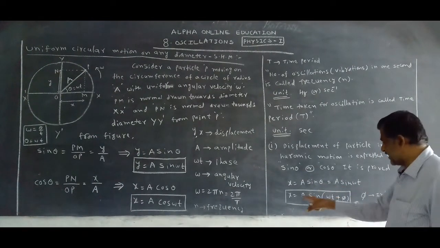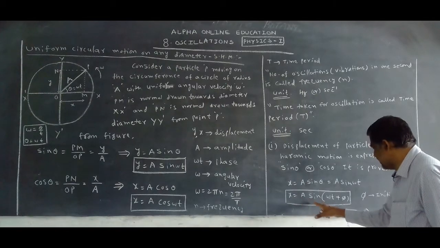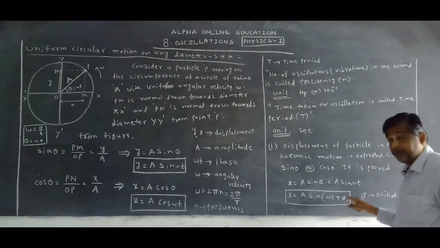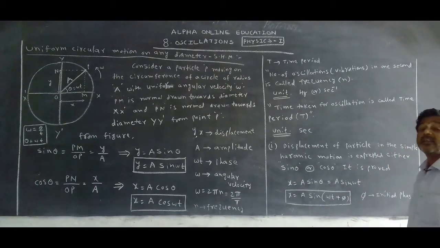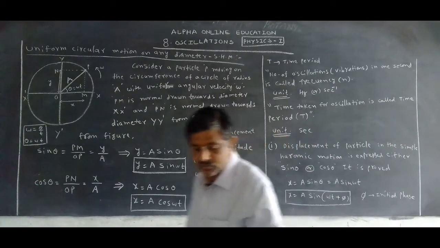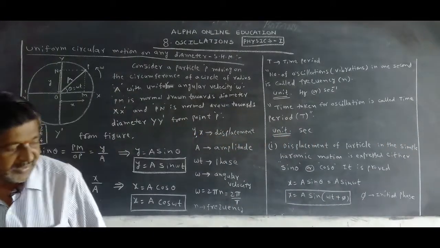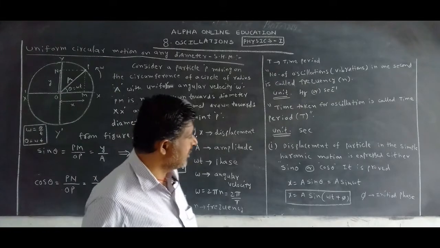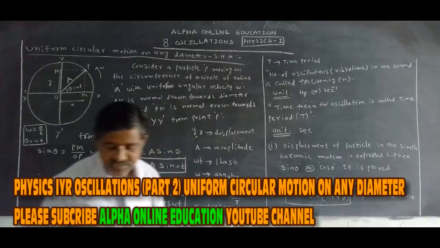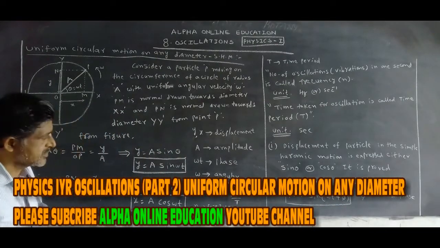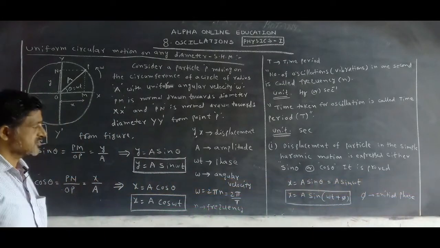Otherwise we can write x is equal to a sin omega t plus phi also. What is phi? Phi is called initial phase. Anyhow, the displacement of the particle in SHM is expressed as either sin or cos.